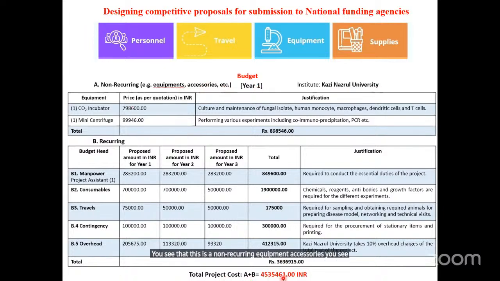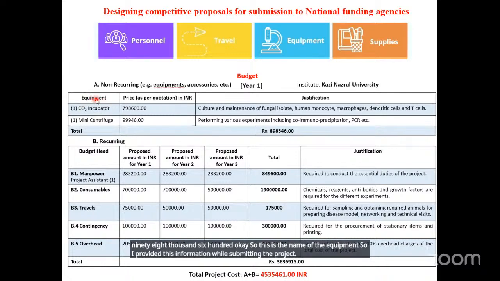The total project cost is 45 lakhs 35,461 that had been sanctioned. So this is the CO2 incubator, 7 lakh 98,600. Okay, so this is the name of the equipment. I provided this information while submitting the project.